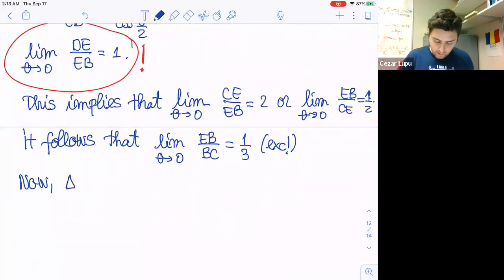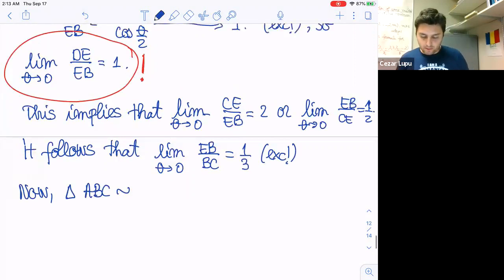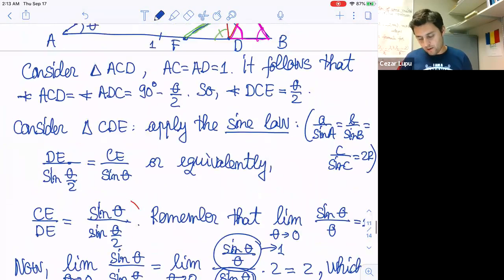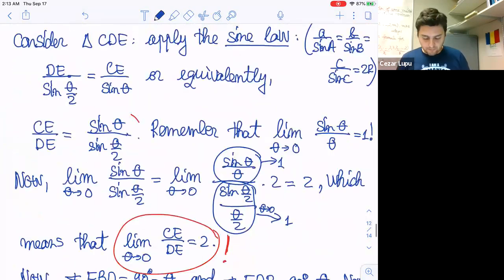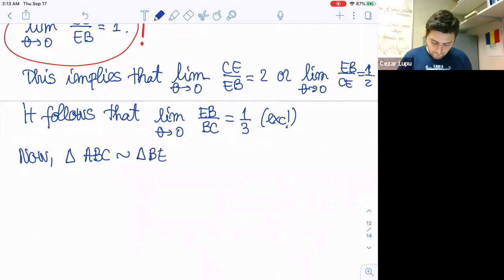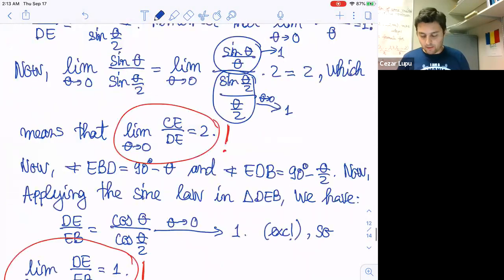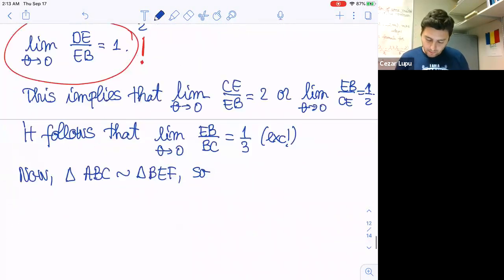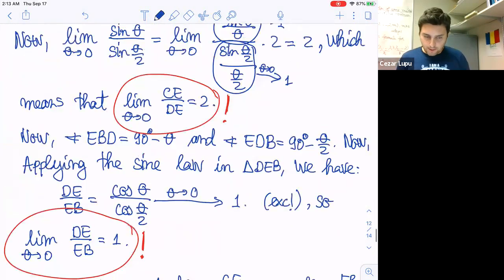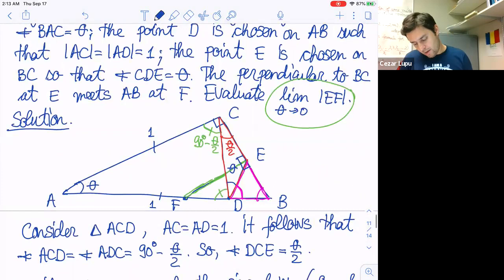Now the triangle ABC is similar to the triangle BEF. So this implies that EF over AC is the same as EB over BC, right?